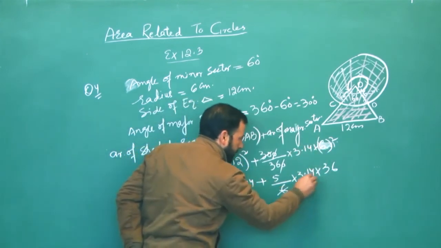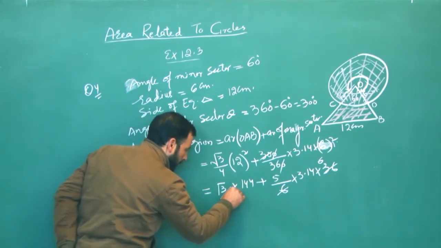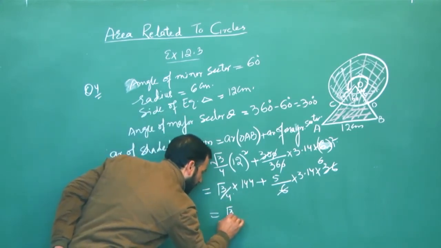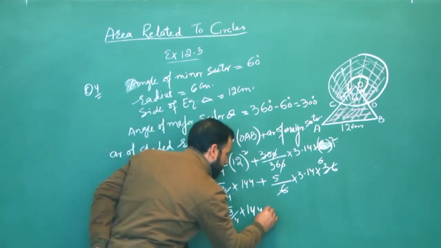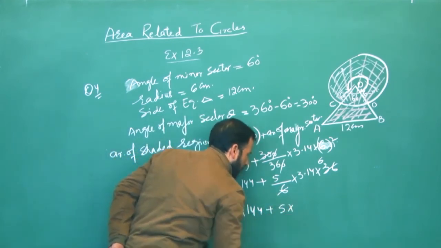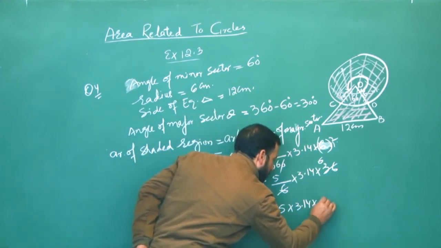So we cancel 6 with 6. It implies square root of 3 by 4 into 144 plus 5 into 3.14 into 6.